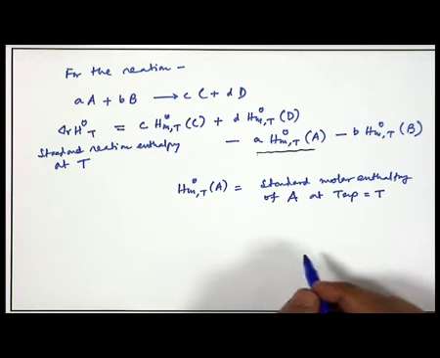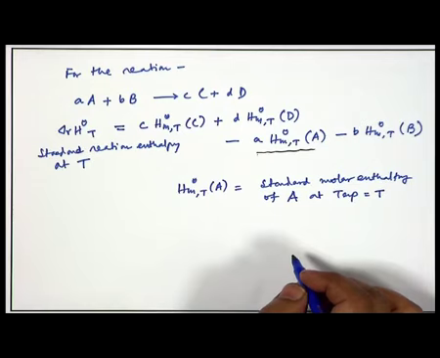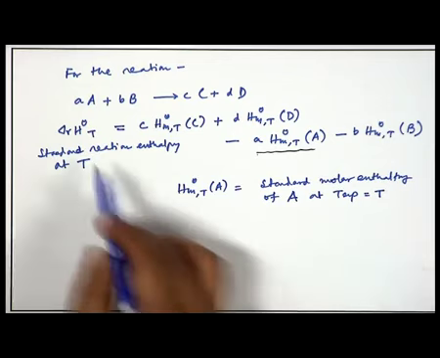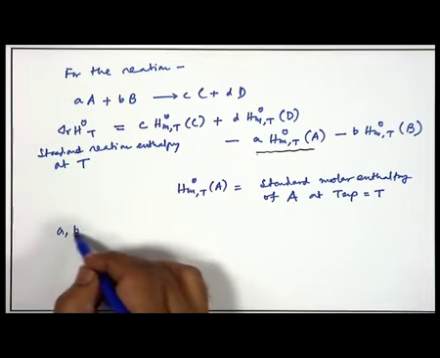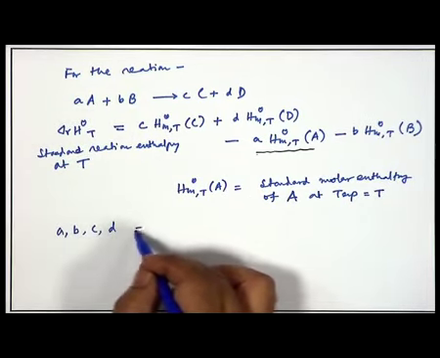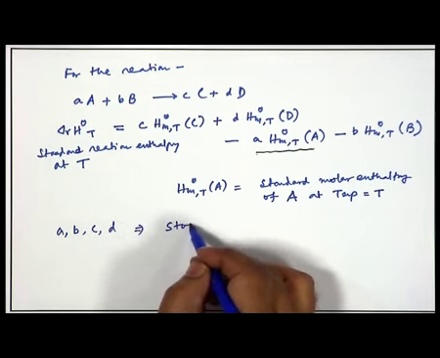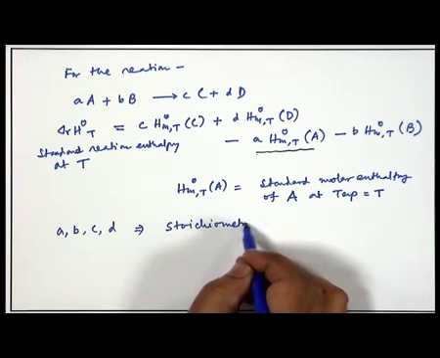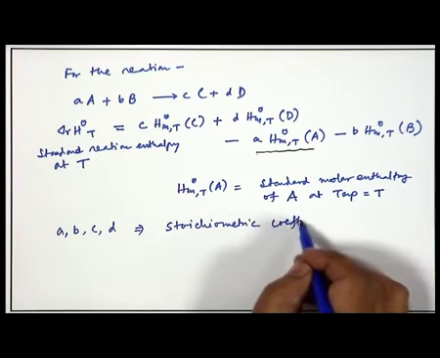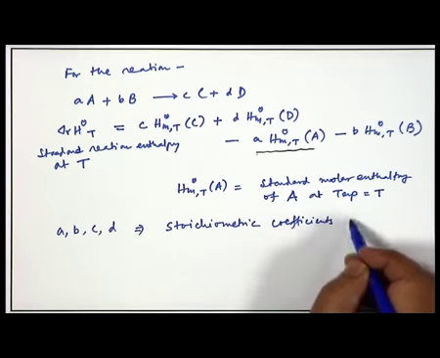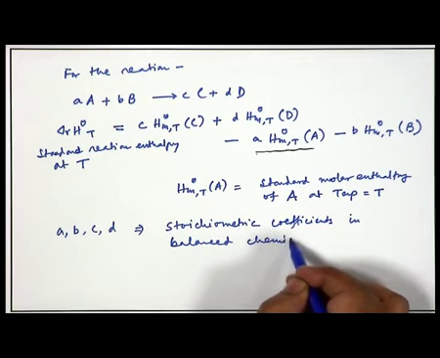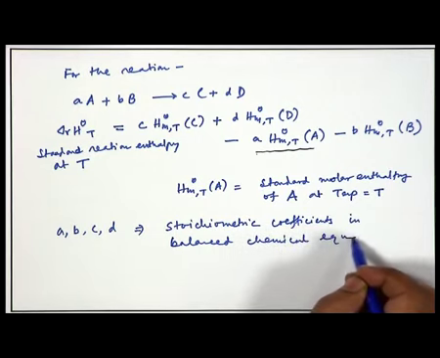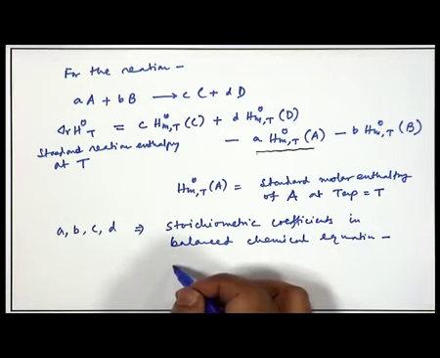We can write an expression. Now, all these numbers A, B, C, D, what are these? These are stoichiometric coefficients in a balanced chemical equation, which means they are unitless.